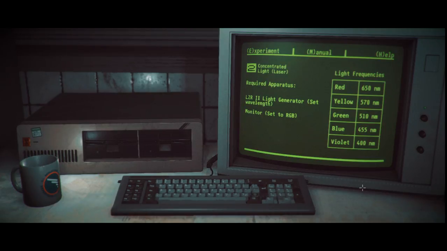Concentrating light, laser. Required apparatus: LZR2 light generator, set wavelength. Monitor set to red, green, blue, RGB.